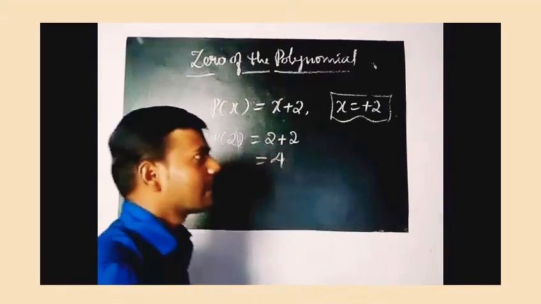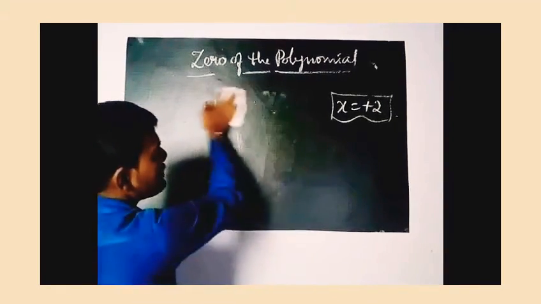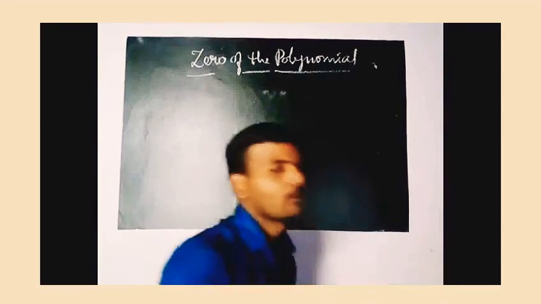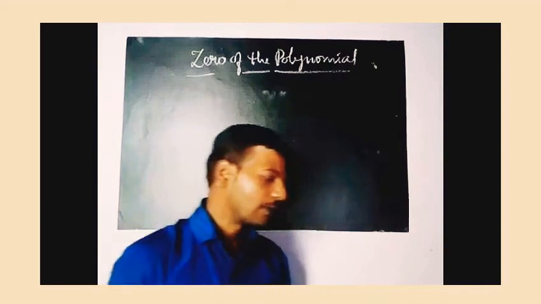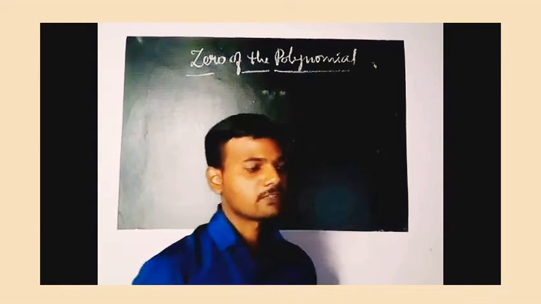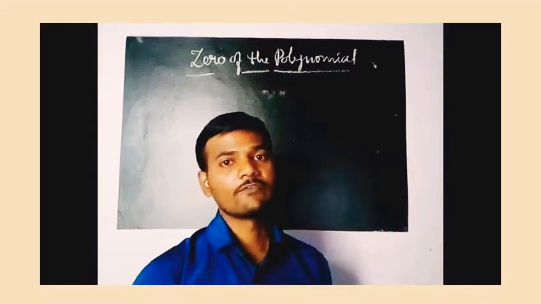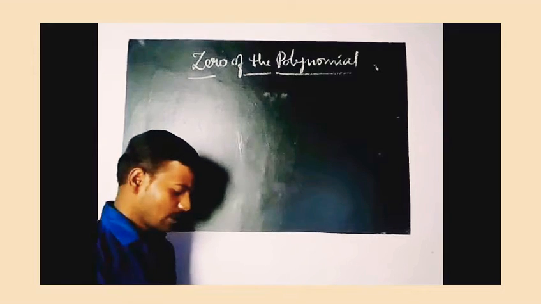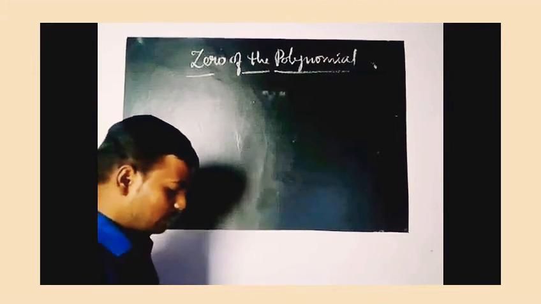And now let us discuss some examples to find the values of the polynomial. For the given values of variables, we are going to find the values of the polynomial. Let me have an example.